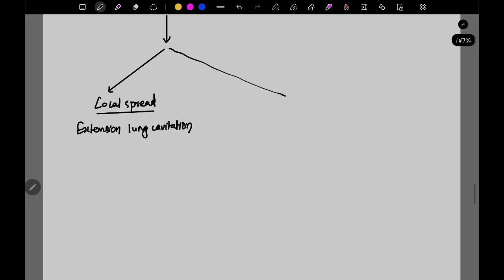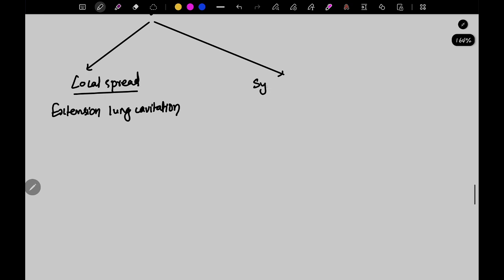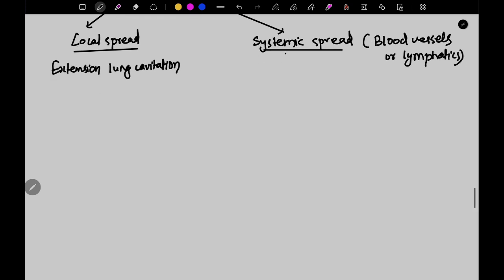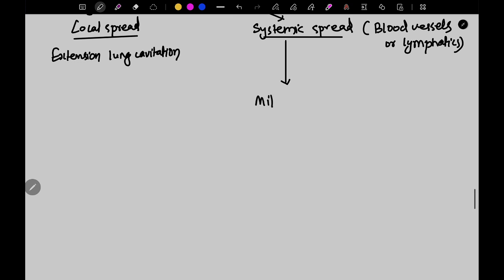And if they undergo systemic spread by erosion of granulomas into blood vessels or lymphatics, this systemic dissemination is called miliary tuberculosis or extrapulmonary tuberculosis. That is the disseminated form of tuberculosis.